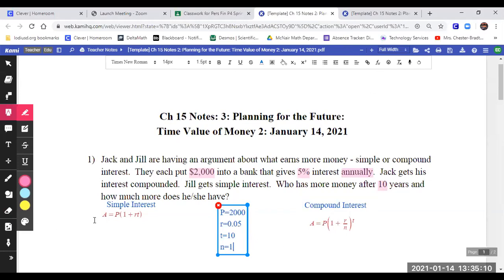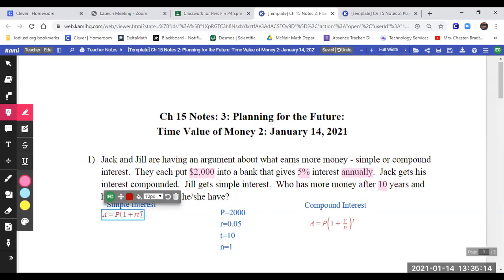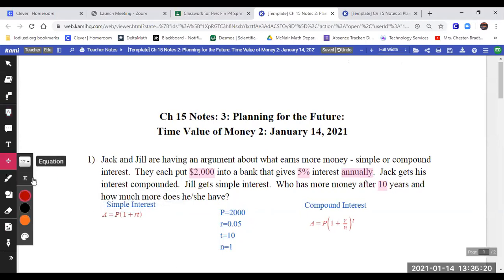Okay, we're going to put our numbers into each of the equations. I went back to my equation box and hit a new equation box.